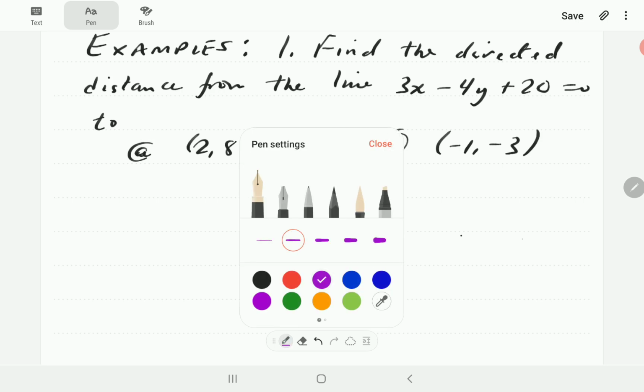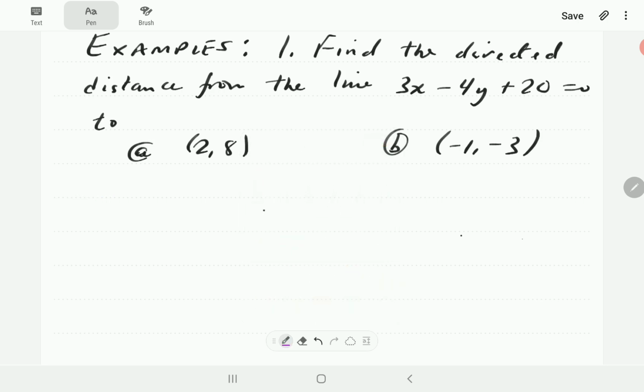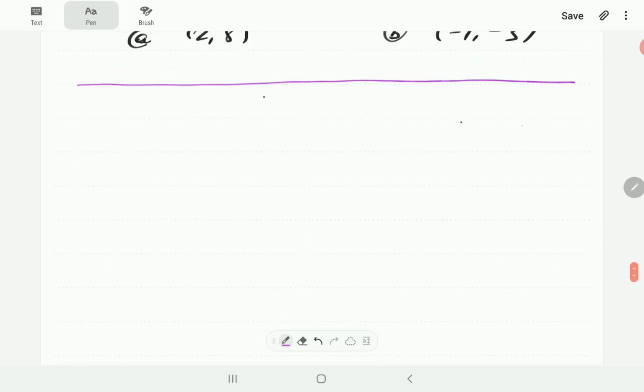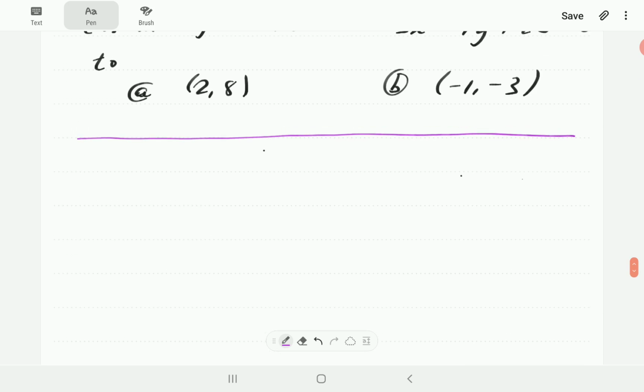The thing we should have mentioned when we talked about the normal form of the equation of a straight line is that if you want the perpendicular distance from the straight line to any point, then you simply plug the coordinates of the point into the normal form of the equation, and that gives you the distance.